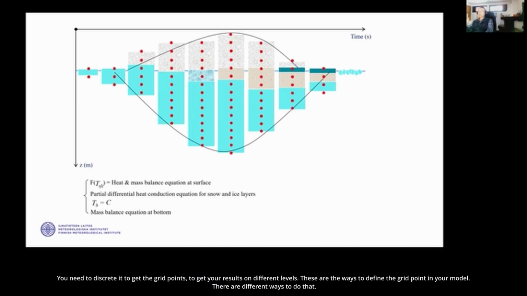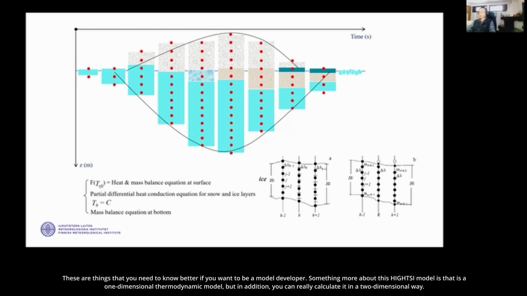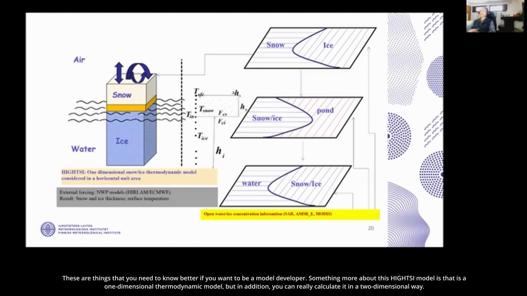And you need to discretize it to get grid points, to get your results at different levels. And these are the ways to define the grid points in your model. There are different ways to do that. So these are things you might need to know better if you want to be a model developer.